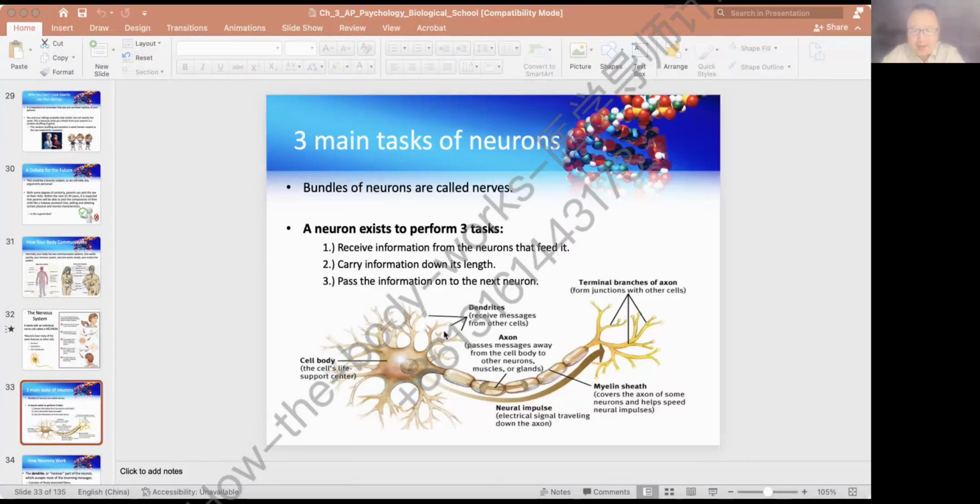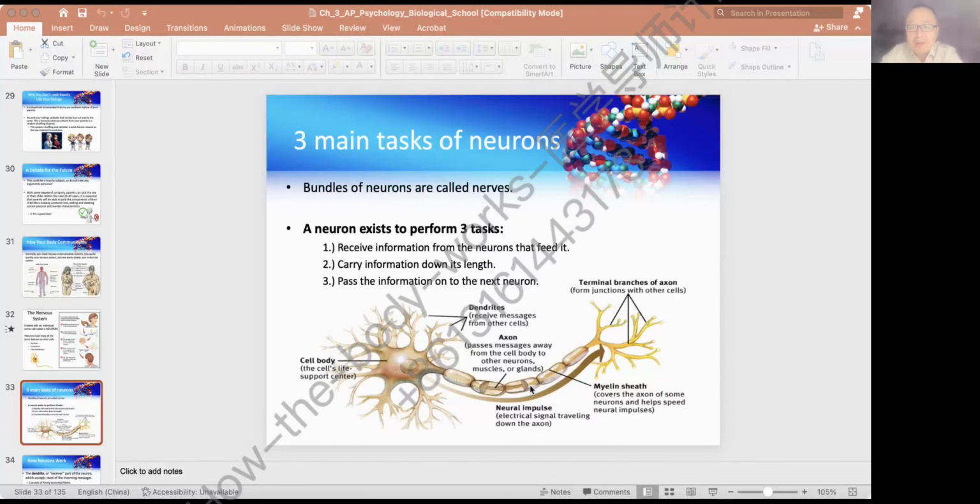Dendrites are structures like tree branches. And there is the axon, in the middle of the nerve cell, and the axon's function is to pass messages away from the cell body to other neurons, muscles, or glands.